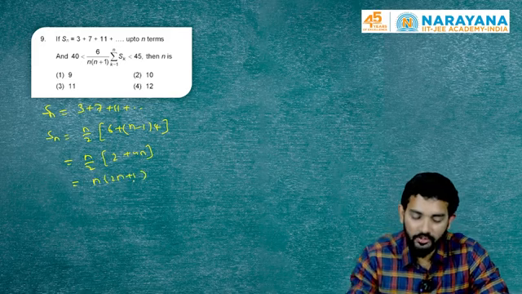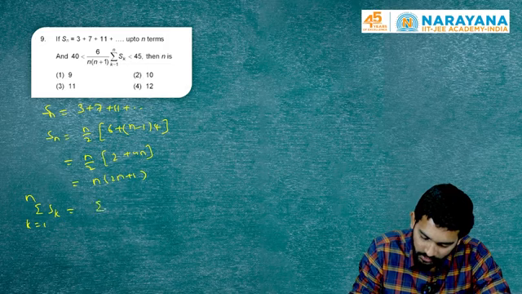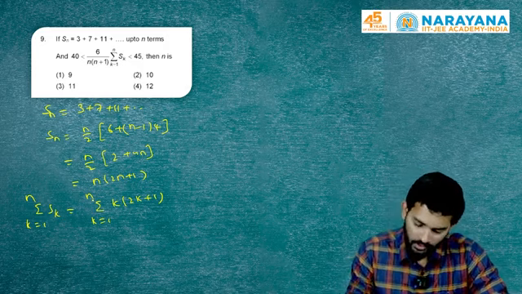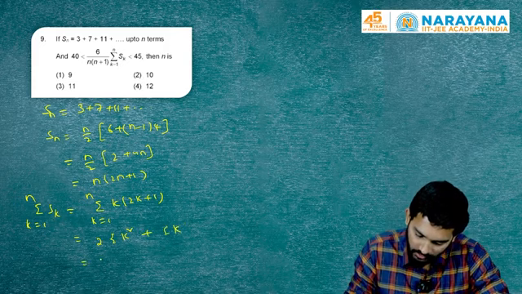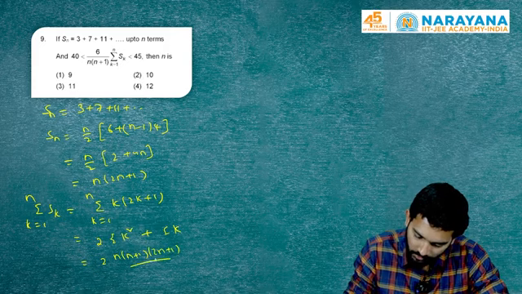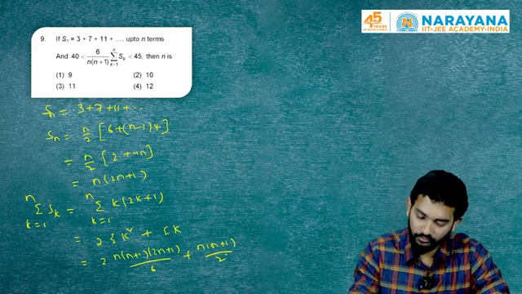Now he is asking 6 by n into n plus 1 sigma k equal to 1 to n Sk. So which means sigma k into 2k plus 1 from k equal to 1 to n. So this can be written as 2 times sigma k square plus sigma k, which is 2 times n into n plus 1 into 2n plus 1 by 6 plus n into n plus 1 by 2.